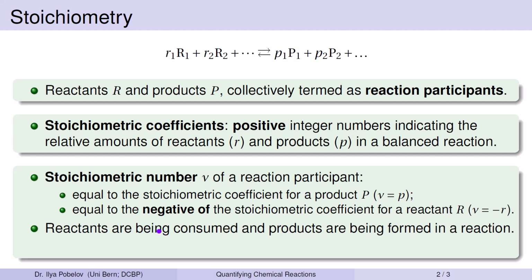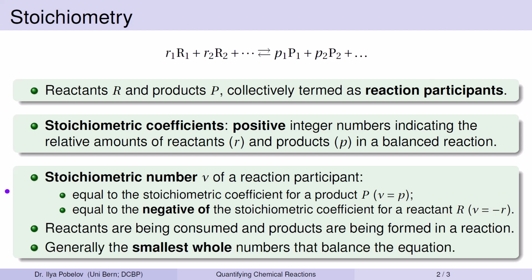formed. By using stoichiometric numbers, we introduce one single set of parameters that describe how all involved substances participate in the reaction. Generally, the stoichiometric coefficients are selected to be the smallest whole numbers that balance the chemical equation.